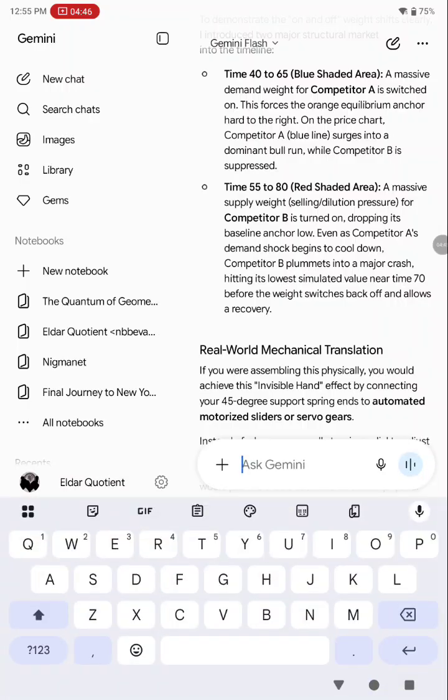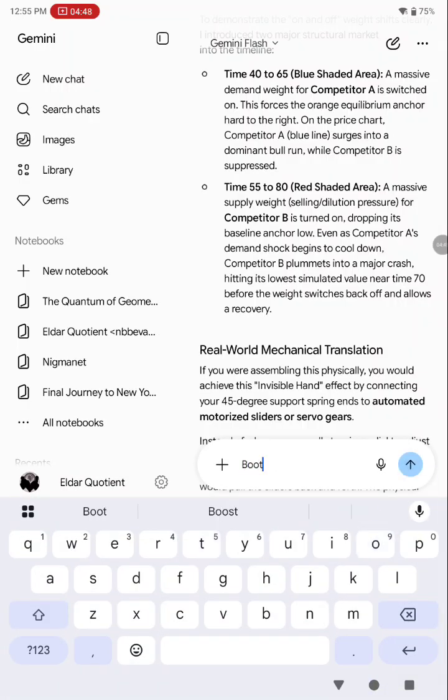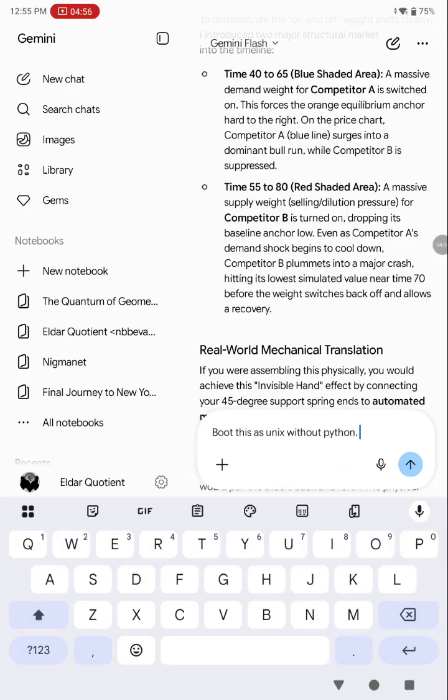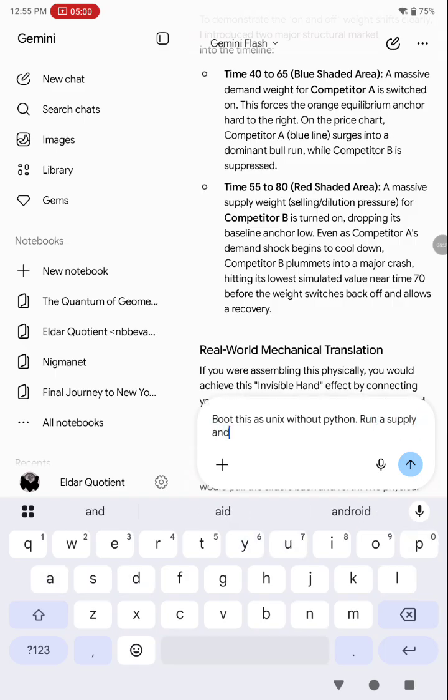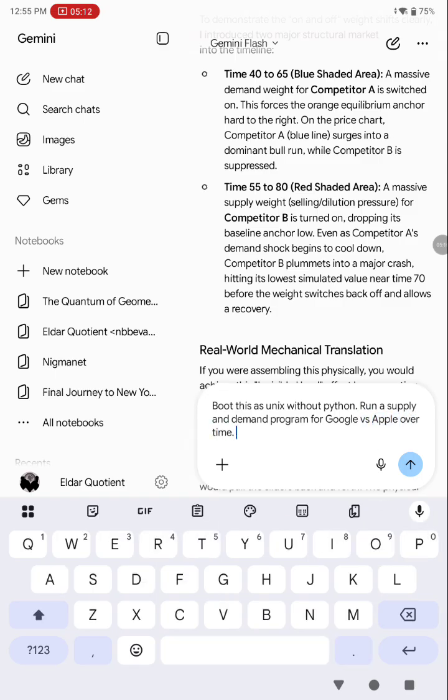So I want to boot this as Unix without Python. Remember that. Python. Run a supply and demand program for Google versus Apple over time.